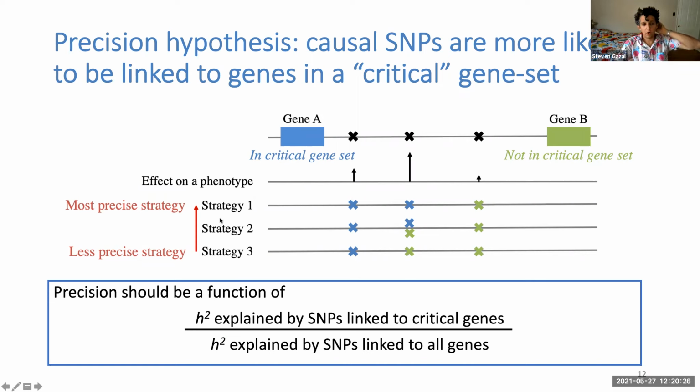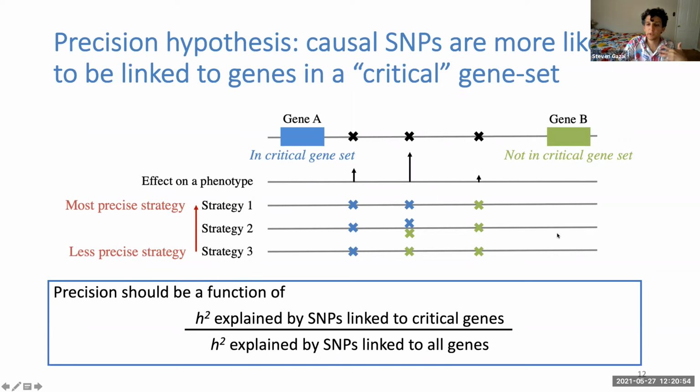Then our hypothesis is that a precise strategy is more likely to link the SNP with a high effect size to the gene in the critical gene set, and a strategy that is less precise will link this SNP with a high effect to the gene that is not in the critical gene set.